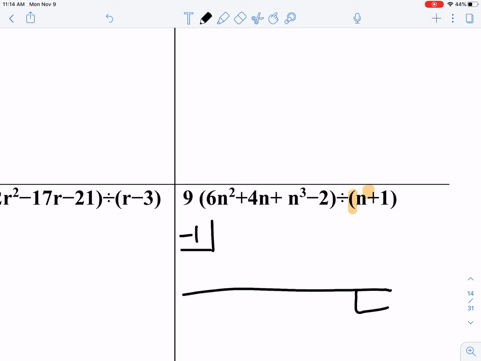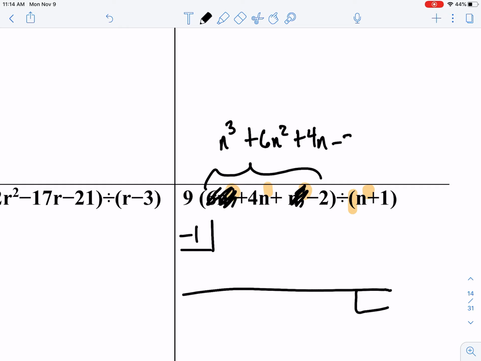Now if I look, 2, 1, as soon as I get here, a flag goes up, so I know I'm going to need to rewrite this. So I have a 3, a 2, and then a 1, last but not least a 2. Then I can come and take my coefficient for each term.